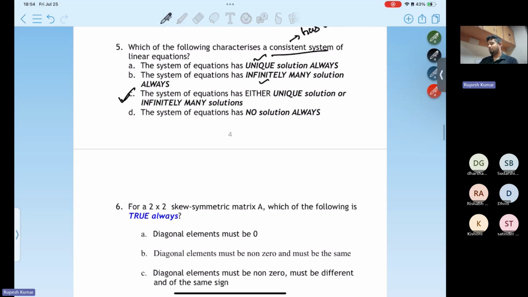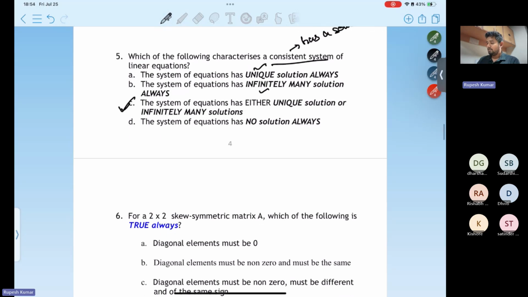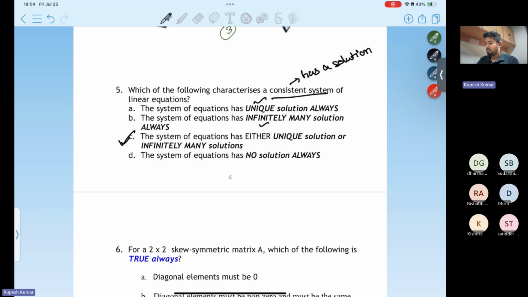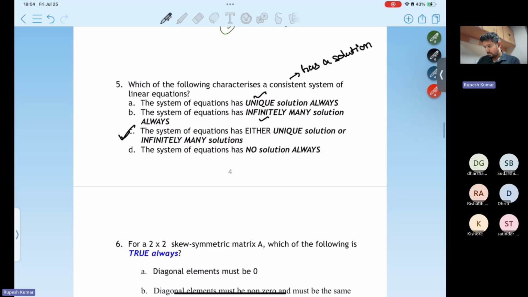Option D, the system of equations having no solution always. No. This is essentially the definition of a consistent system. It should have some points that satisfy all the equations, and by some points we mean either one, which is unique, or infinite. Fine, everyone. If you have any doubts, please type in the chat box.